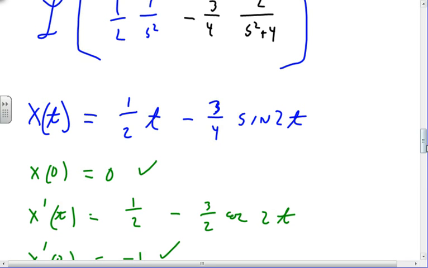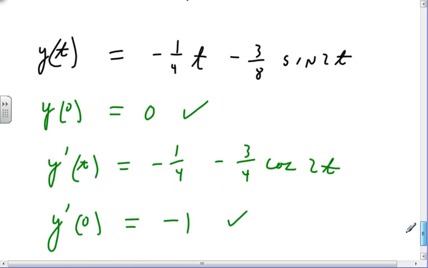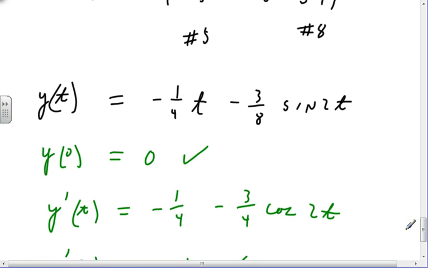Brilliant. The grad student agrees with us. y of t is supposed to be minus 1/4 t plus 3/8 sine 2t. Check. Okay, excellent.